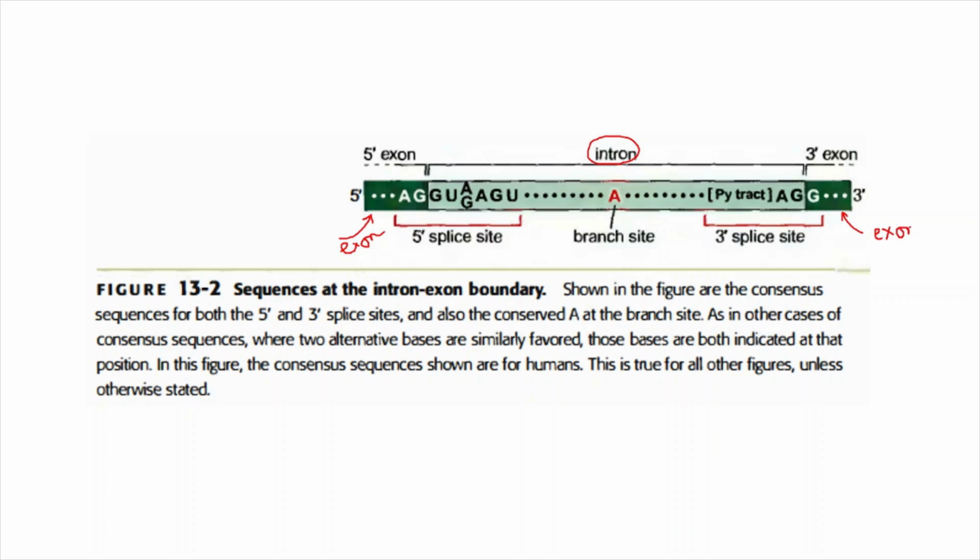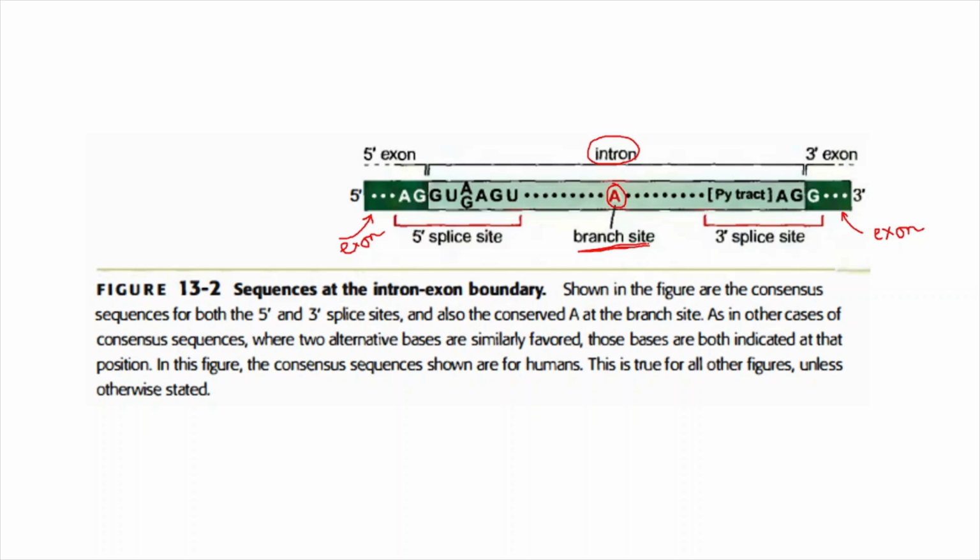Now what you can see here is that at the center of the intron you have an adenine nucleotide. This position within the intron is called the branch site, where this adenine nucleotide is present.